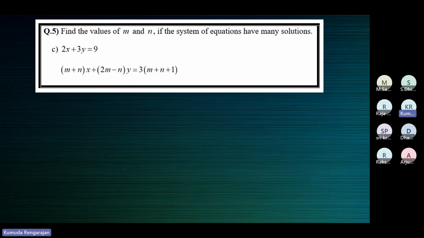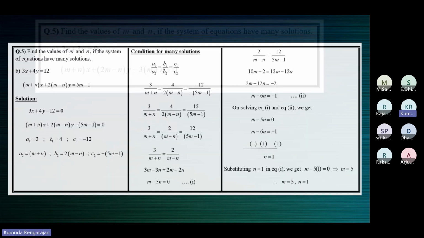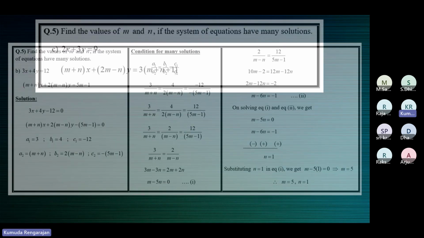Find the values of m and n if the system of equations have many solutions. Very similar to the earlier one, children. Do this correctly.